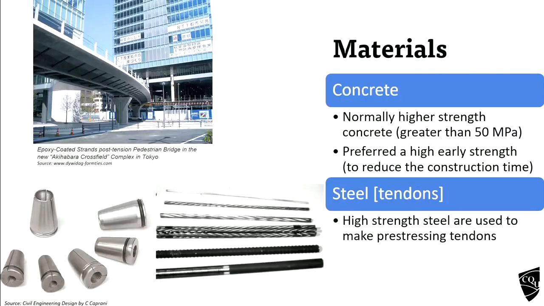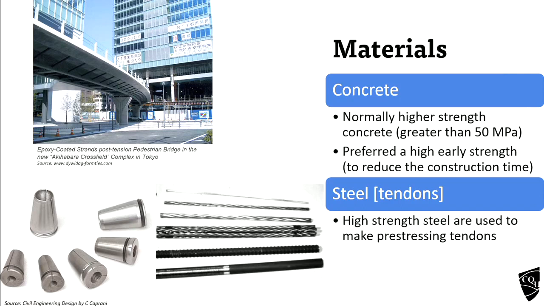Okay, so if you look at the materials, again we have only two materials like RC beams. There's not much difference, concrete and steel. Okay. In RC design, the steel is actually used as reinforcement bars. So here the steel is mainly used as tendons. Steel will provide some reinforcement, but steel is mainly used as tendons.